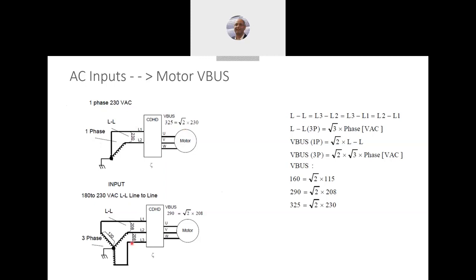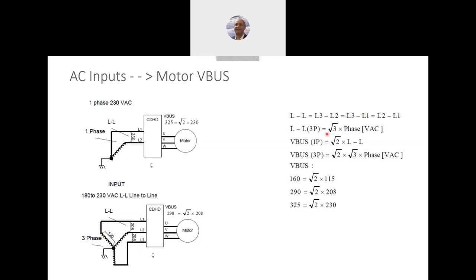Now, if you connect three phase, it doesn't matter. All the time, the motor sees the square root of 2 multiplied by line to line, whether it's one phase or three phase. In this case, I give the example of 208, because if you apply 120 for three phase, you multiply it by square root of 3.